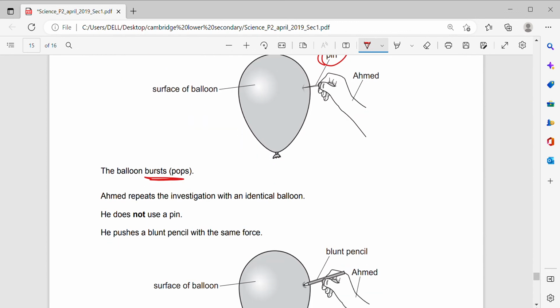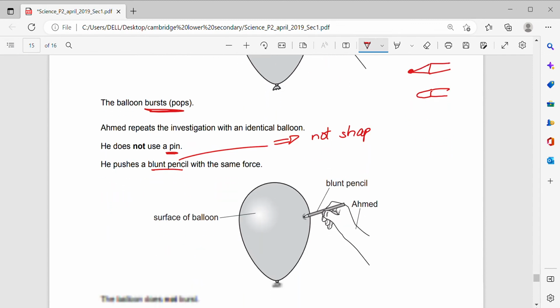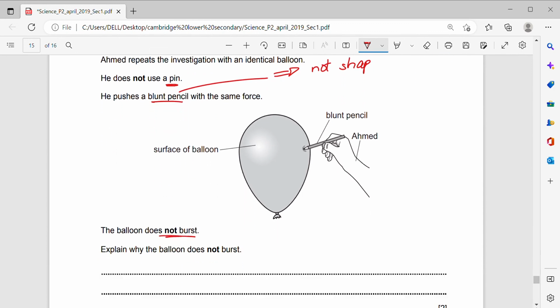He doesn't use a pin. المرة دي هيستخدم ايه, blunt pencil. يعني ايه blunt pencil؟ Blunt اللي هو not sharp. يعني حاجة مش sharp. يعني مثلا ده عندي pencil كده ده sharp edge. لا he uses blunt one, it's not sharp. طيب هيحصل ايه؟ طب ده ال blunt pencil. The balloon doesn't burst.